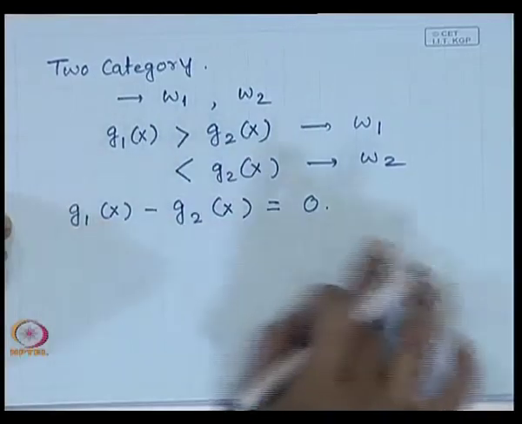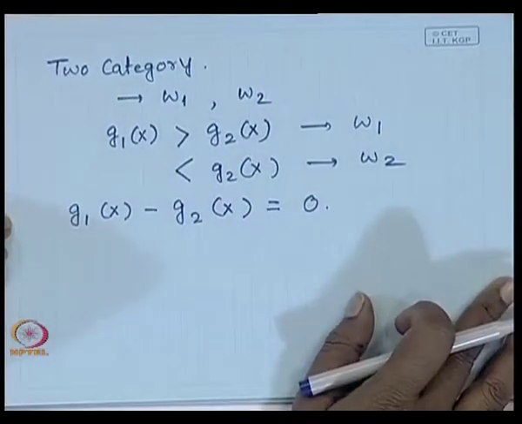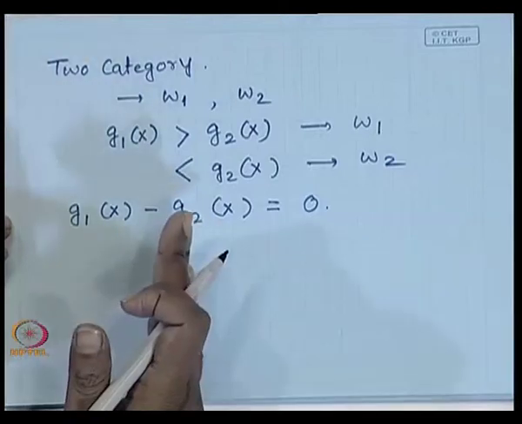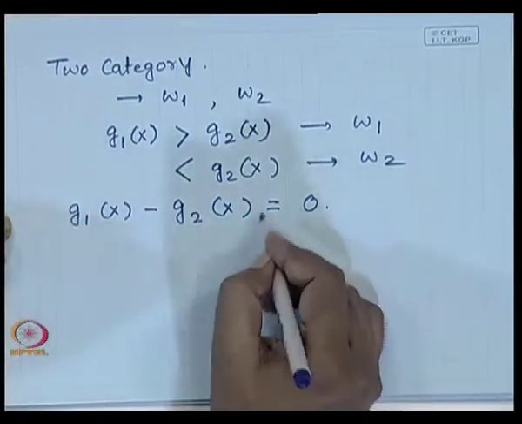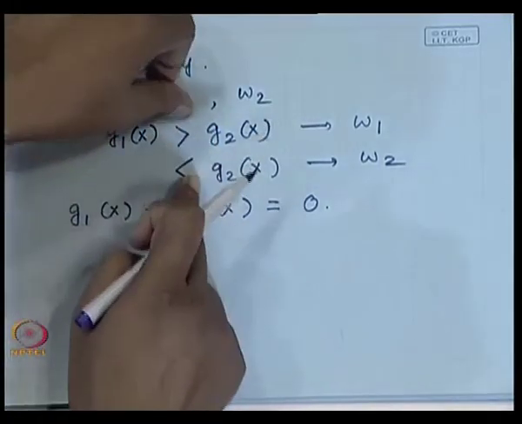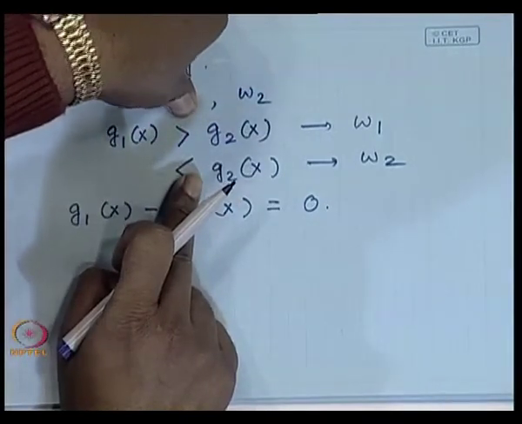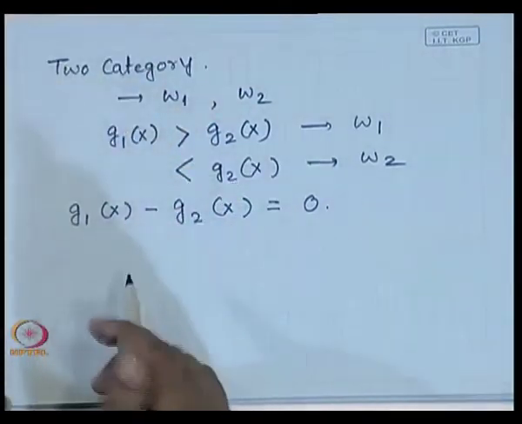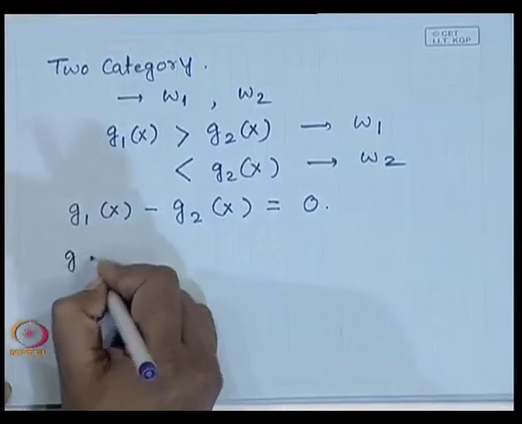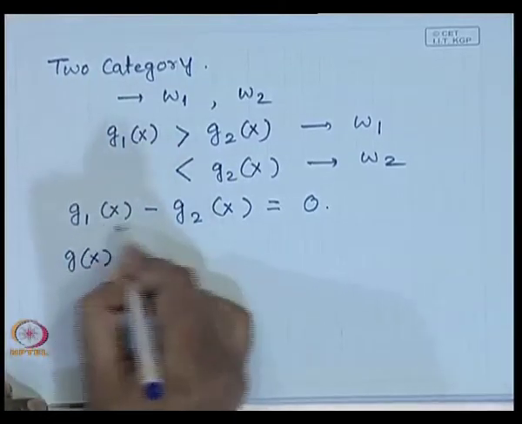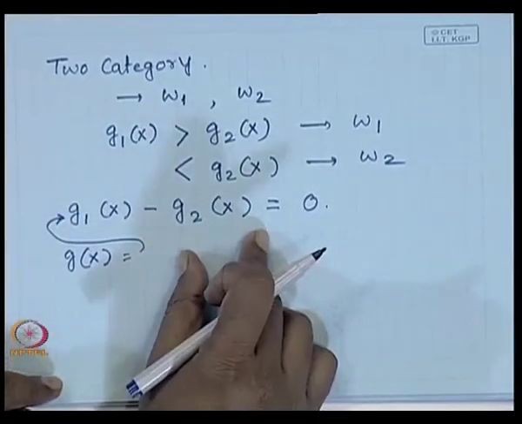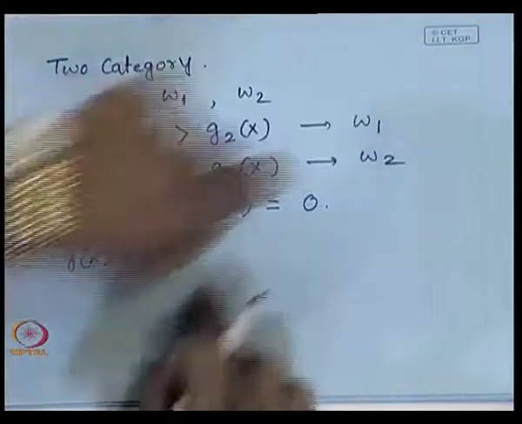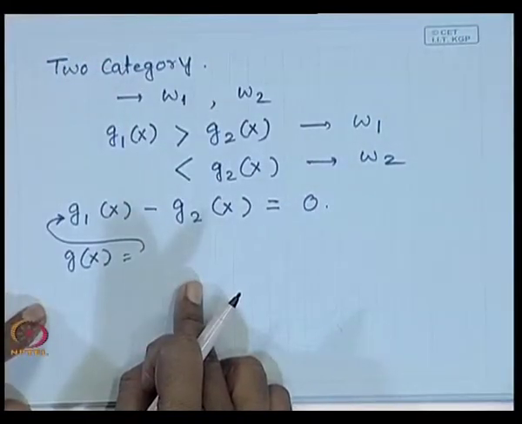Okay. So, g_1(x) minus g_2(x) equal to 0 gives me the decision boundary. If g_1(x) minus g_2(x) is greater than 0, I put it in class omega 1; if it is less than 0, I put it in class omega 2. So, particularly in a 2 category case, instead of taking 2 discriminant functions, I can have a single discriminant function given by g(x) equal to g_1(x) minus g_2(x), and if this is equal to 0, that gives me the decision boundary, right.